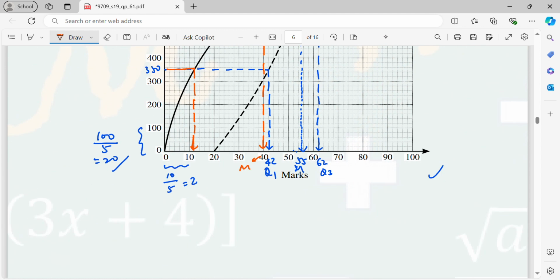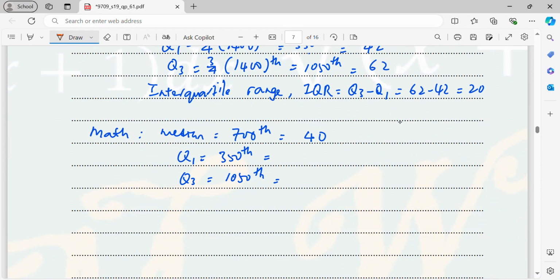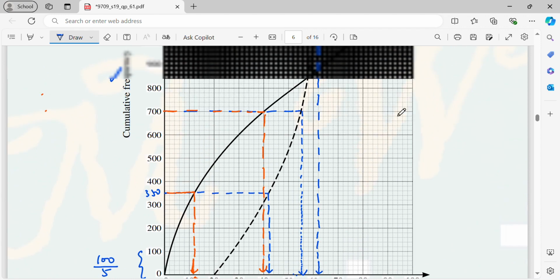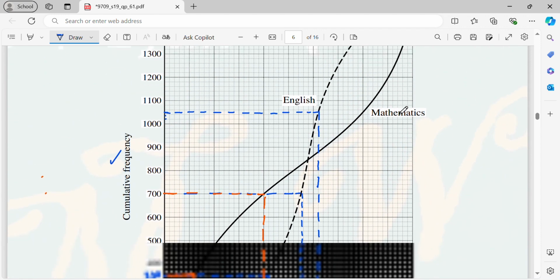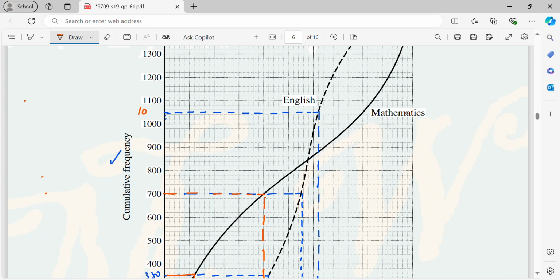That is, okay, 2 units for 1 square. This is going to be 12. This is our Q1. So 12. And then for Q3, this is 1050. That means just extend it.